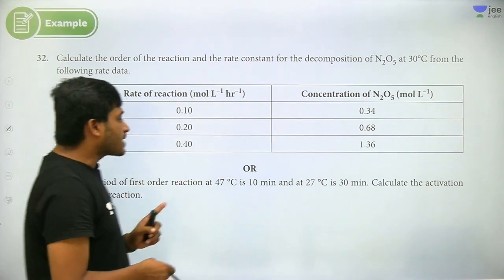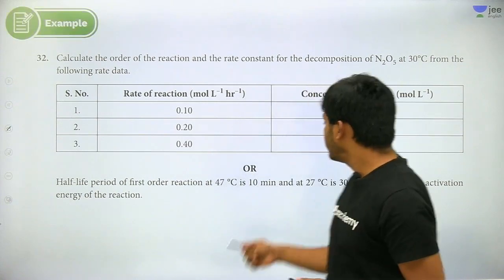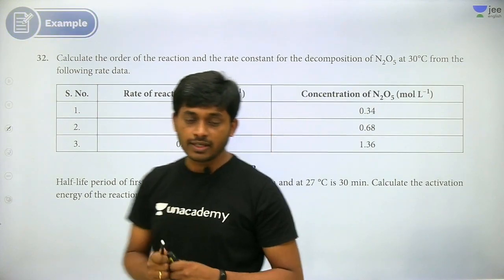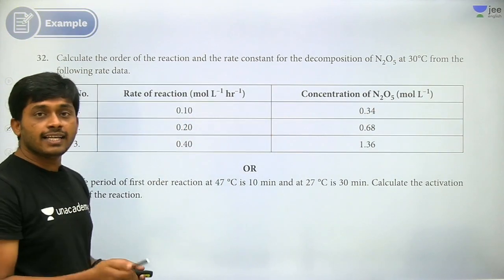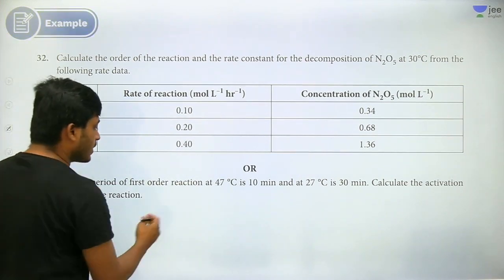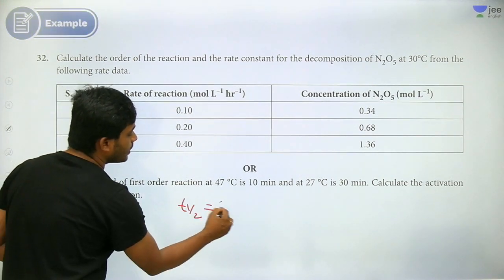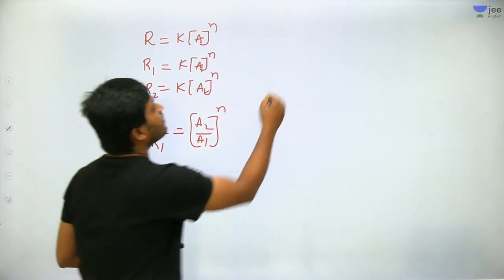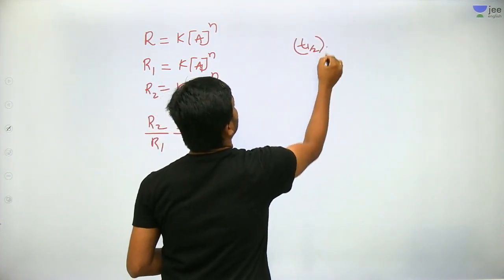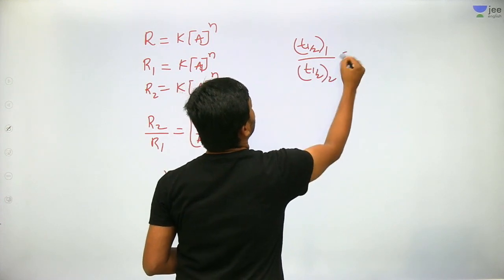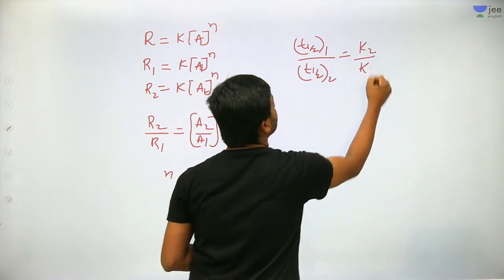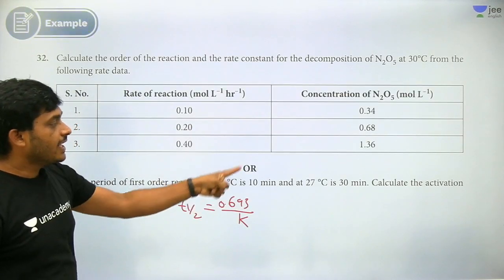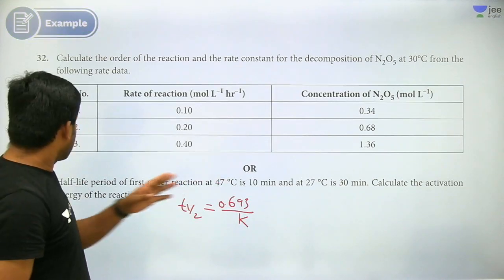Next, the half-life period of a first order reaction at 47 degrees Celsius is 10 minutes, and at 27 degrees Celsius is 30 minutes. From half-life we easily get the rate constant. What is the relation between rate constant and half-life? T half equals 0.693 by K. So T half 1 by T half 2 will give K2 by K1. Different temperatures are given, 47 degrees and 27 degrees. So what is the activation energy?